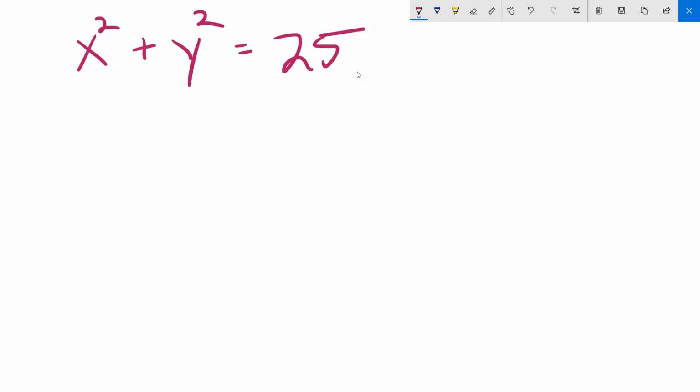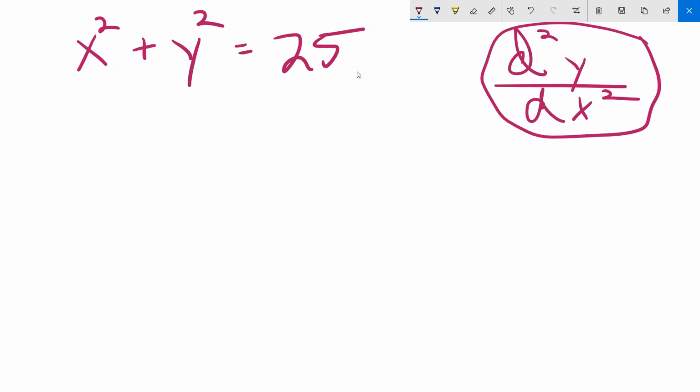So figure out whatever the first derivative is, and then apply the first derivative to that. What we're trying to find here is written a little bit funky, but it means the second derivative with regards to x.